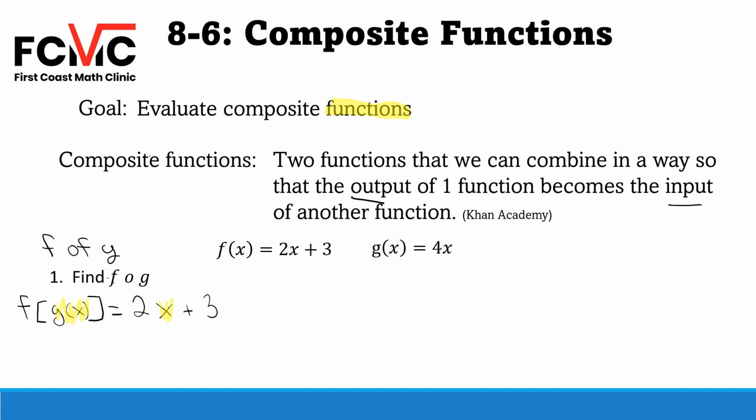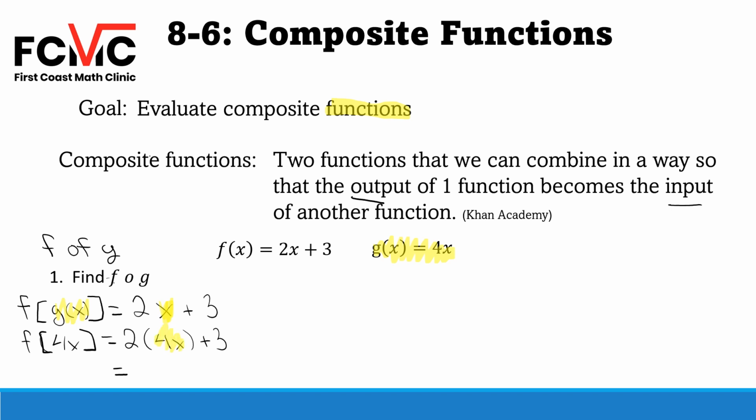I'm going to write this out just so everyone sees exactly what's happening. g of x is 4x, so I'll write it in brackets. That g of x, which is 4x, is going to go in for x. Again, we took our function g of x, which is 4x, and put it in for x right here.